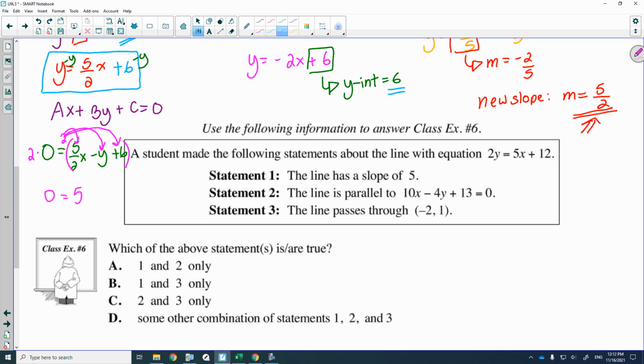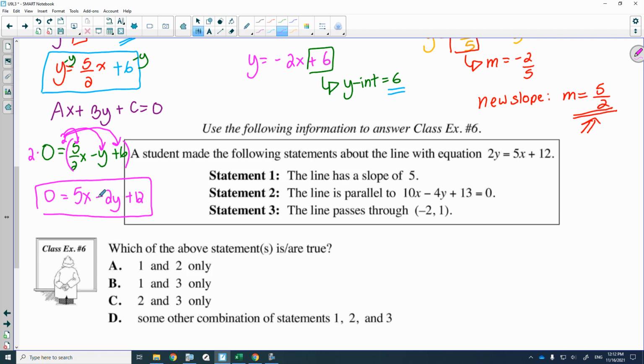So it'd give you 5x. 2 times negative y is negative 2y. And 2 times 6 is plus 12. That's your answer in general. We gave the answer in slope y-intercept and general.